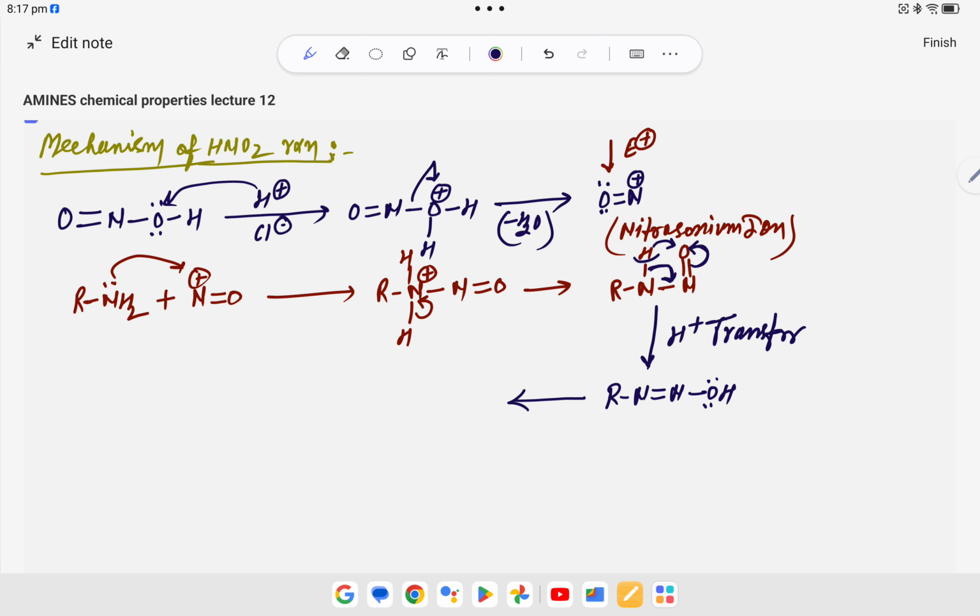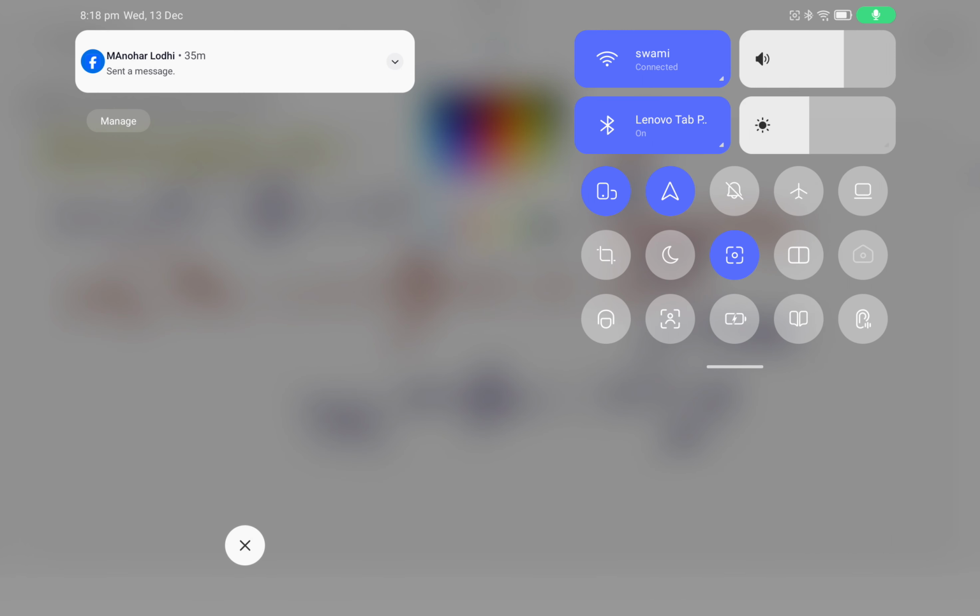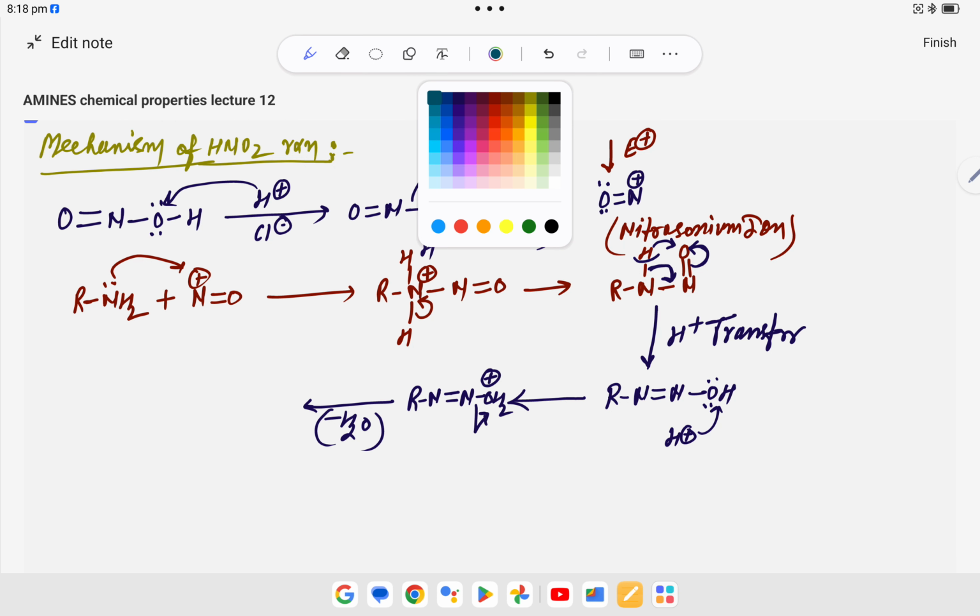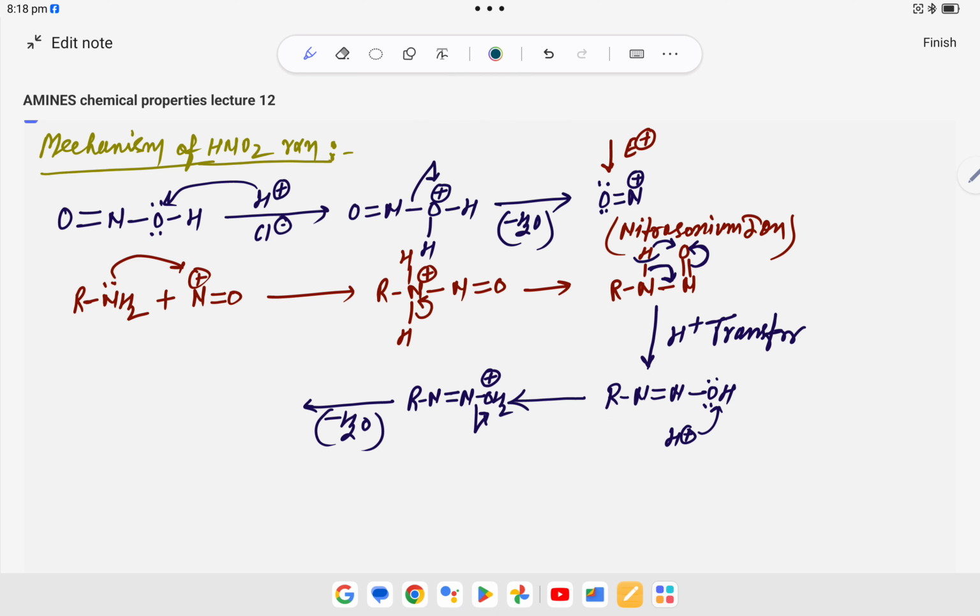H plus in the solution again approaches the lone pair, and again RN double bond N, and OH2, oxygen having a positive sign. Again, children, the water species will be free, it will take the electron pair and be released. So from here again water is removed. If you remove the water, then what is it?